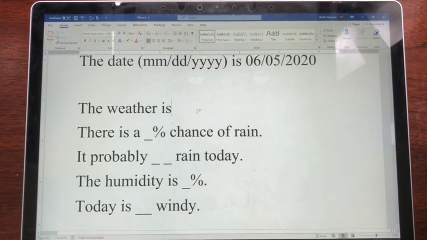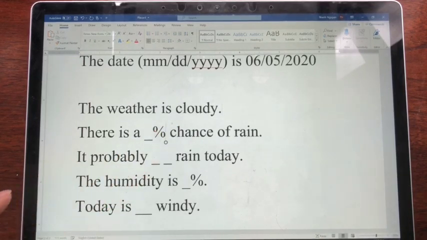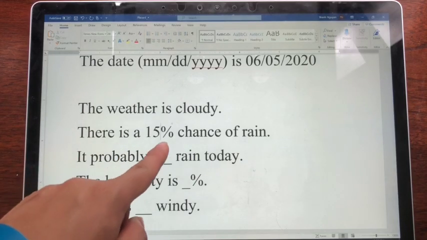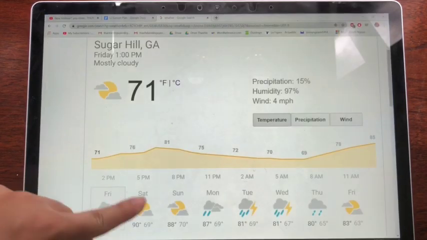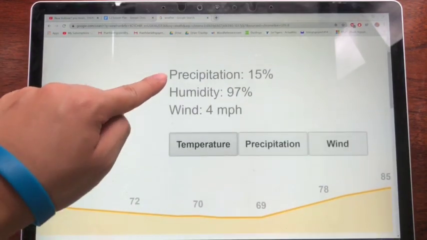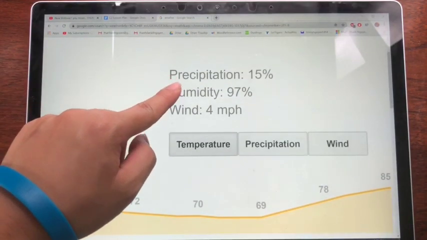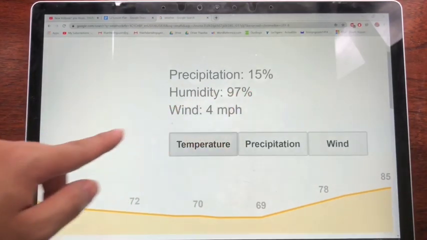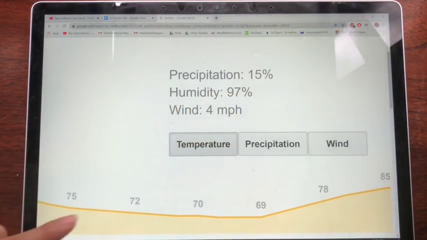The weather is cloudy. There is a 15% chance of rain. How do we get the 15%? The precipitation. Precipitation means rain. There is a 15% chance of rain.